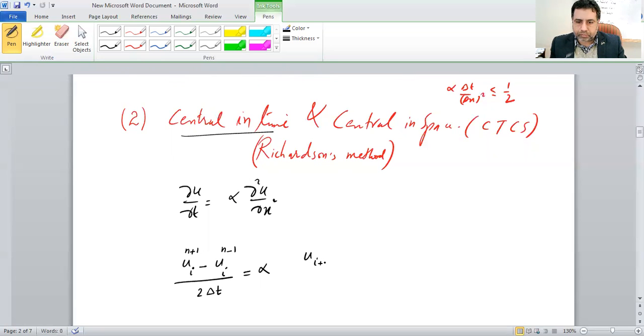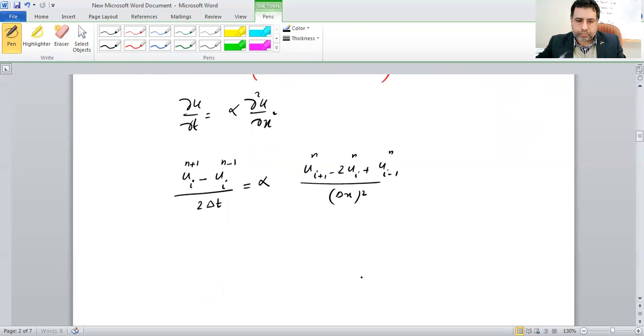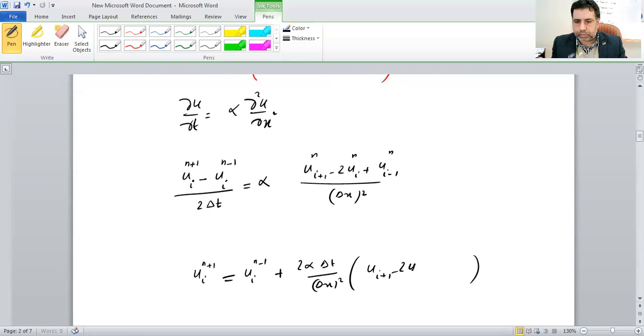So ui plus 1 minus 2 ui plus ui minus 1, at the time level n, divided by delta x whole square. So if you could arrange, you could get ui n plus 1 is equal to ui n minus 1 plus alpha times 2 alpha delta t by delta x square, and the rest of the terms here, ui plus 1 minus 2 ui plus ui minus 1 at the time level n.